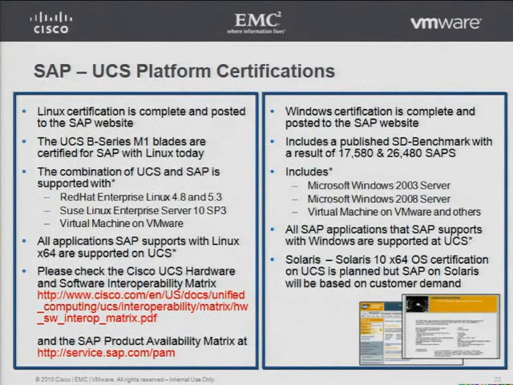Currently, UCS, the Cisco Unified Computing System, is being certified with 2 different flavors, or should I say 3 different flavors of operating system. Just so you know, you can find this information on either the Cisco website or the SAP Product Availability Matrix website. The 3 different flavors of operating systems that are currently certified for UCS are Red Hat Linux 4.8 and above, SUSE Linux 10, and Microsoft Windows 2003 and above.